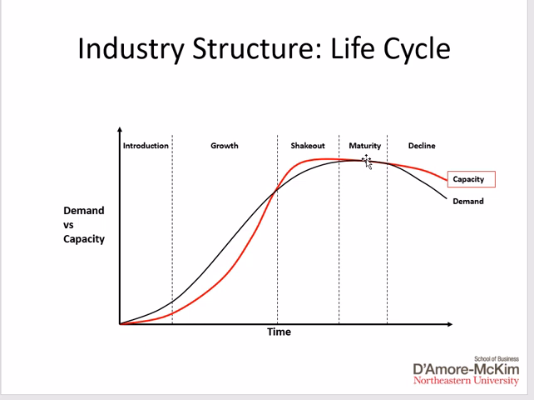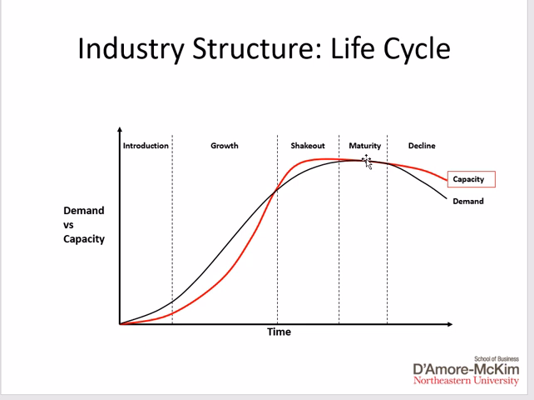This is also where, for certain industries, you tend to see oligopolies emerge. And so the industry structure tends to become a bit more focused on a smaller number of firms in many industries. And in terms of Porter's 5 forces, this is also where you start to see entry barriers rise. And some of the entry barriers because of the fact that we are right at the stage where demand and capacity are equal.